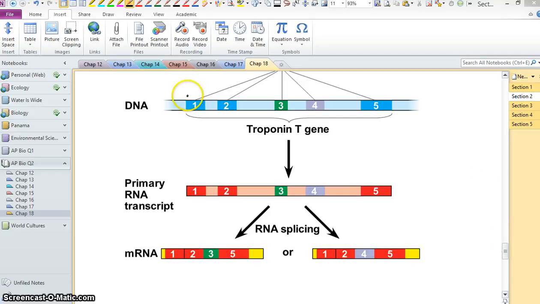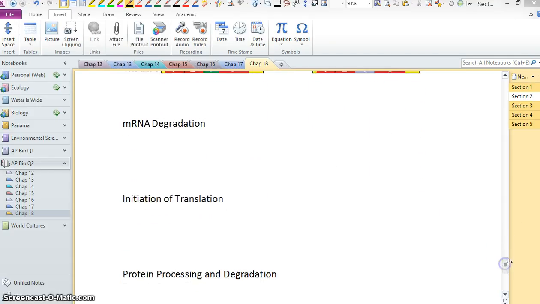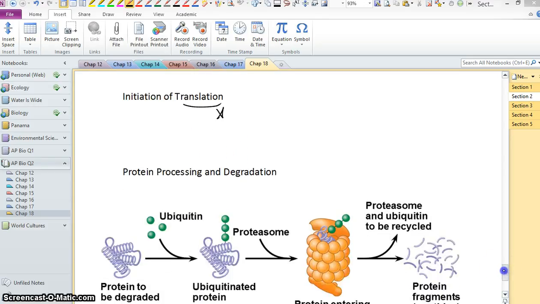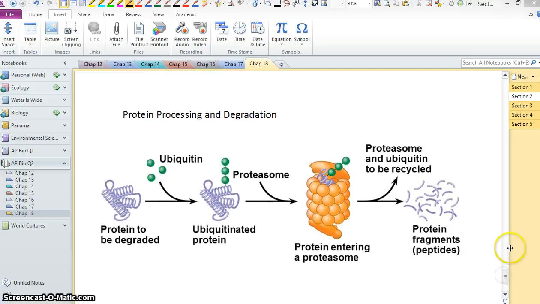So from one gene, essentially, you can put the exons into different combinations to result in different kinds of proteins. Almost out of time here. Hope to get through this section, but of course, then you can break down mRNAs when they're no longer needed. Certain proteins can either favor or block the process of translation. And then finally, proteins that are no longer needed can be marked with this compound and then degraded in this structure called a proteasome.